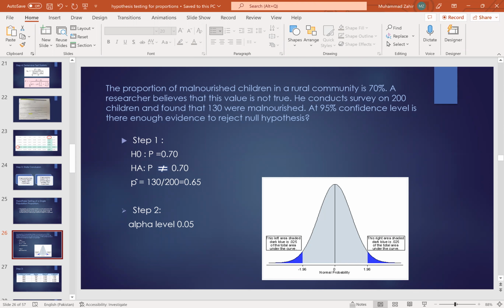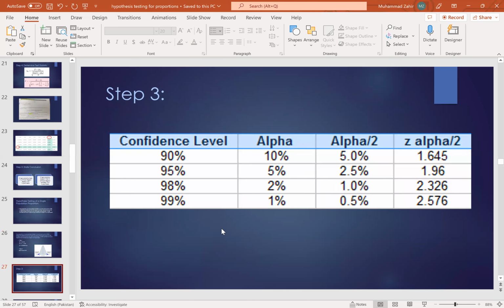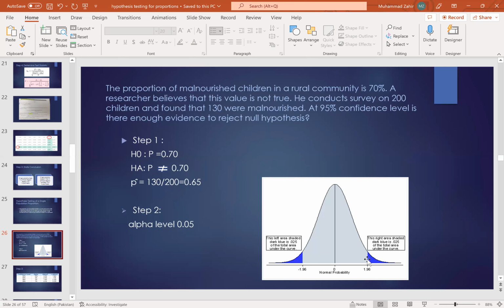As I have already shown you in this diagram, as it is not equal to, both sided, there is 0.025 area here and 0.025 area over here. For a 95% confidence interval, alpha is 5%, alpha over 2 is 2.5%, and the table value is 1.96, which has already been shown.